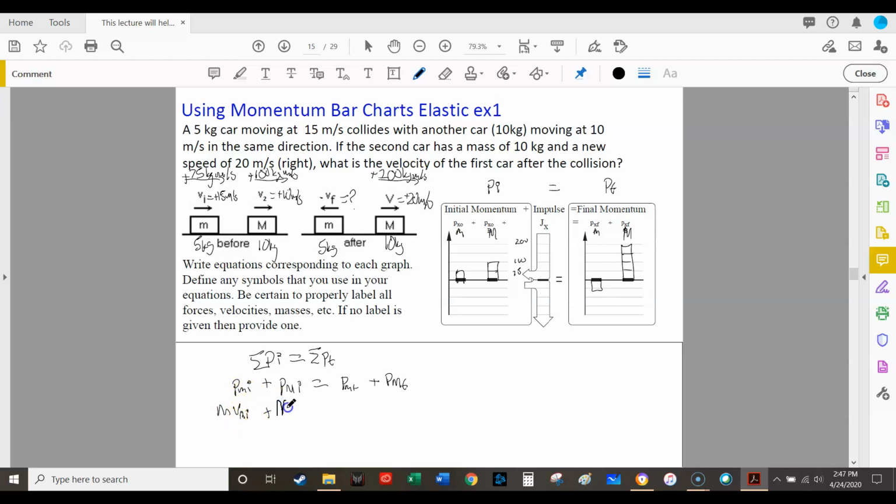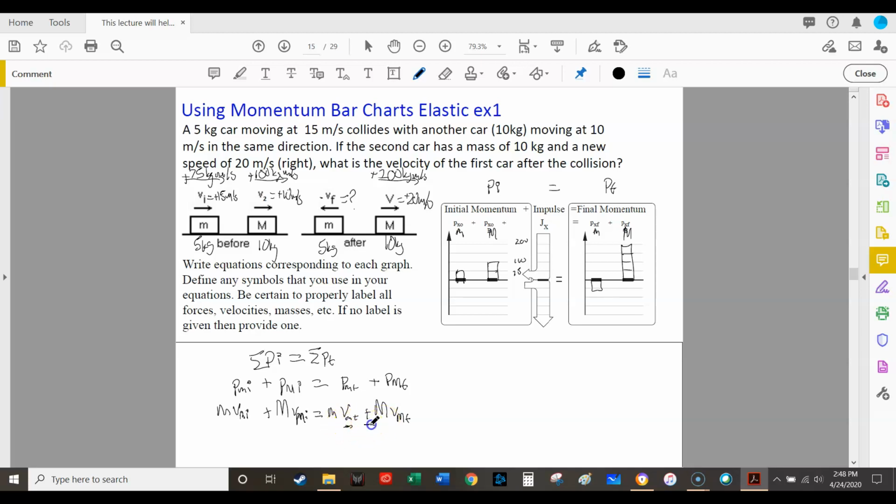And then we have capital M times the velocity of the capital M initial. We should make that distinct. And that's going to be equal to the small mass guy and his final velocity plus the capital M and his final velocity. And we're going to have to solve for this.